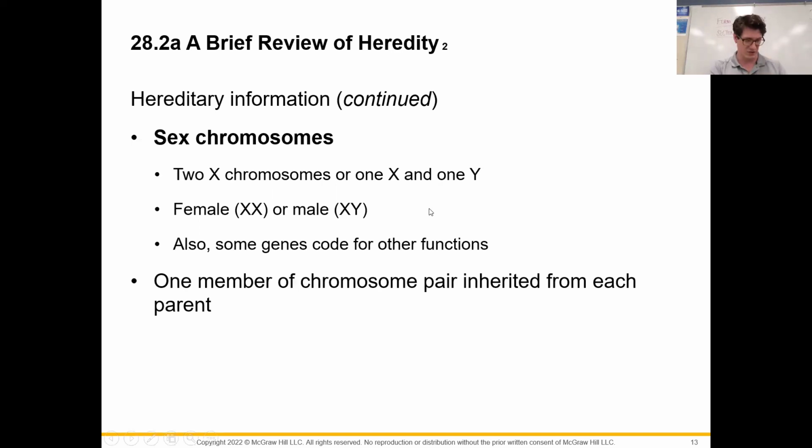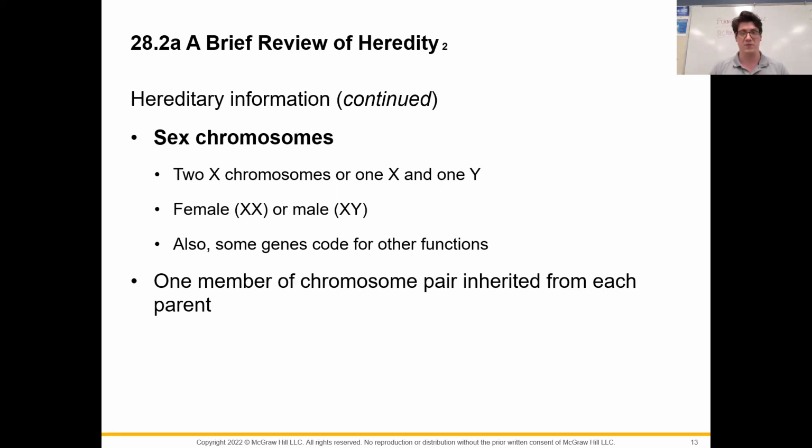So you get an X from, say, the mother, and then you don't get anything at all from the father, and all of a sudden you have someone that just has one X and then kind of an empty space, what we call an X naught. That actually does happen fairly often. In this case, they are going to present mostly as female. However, some of their characteristics may be slightly off, because they don't have this double dose of some of the things that are coded on that double X chromosome.